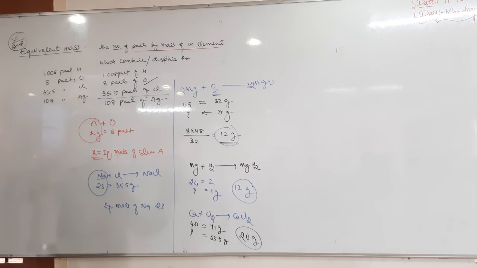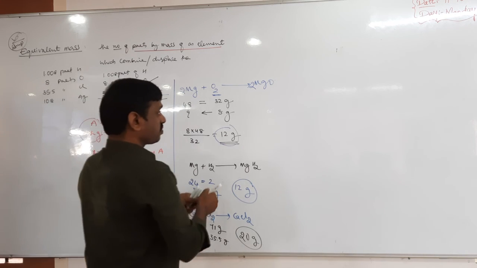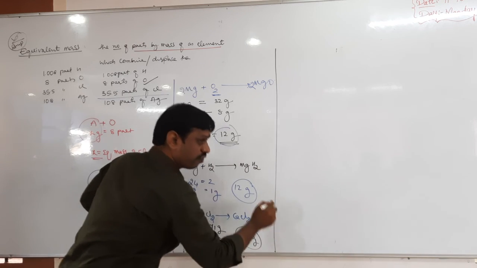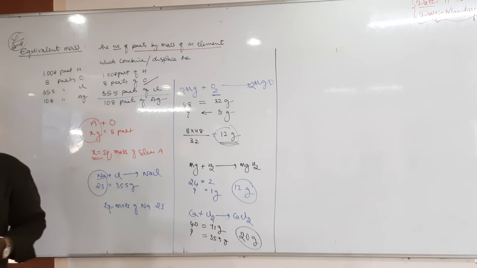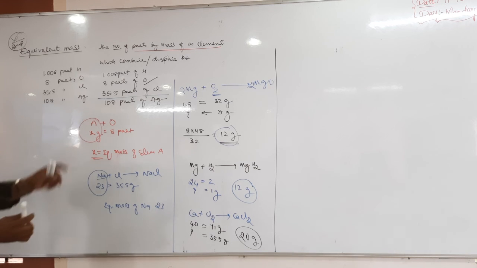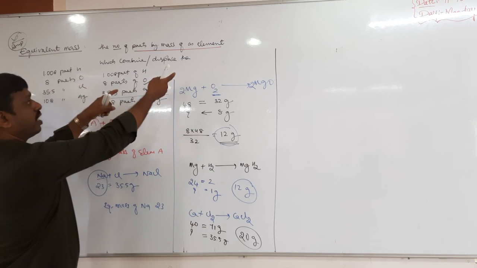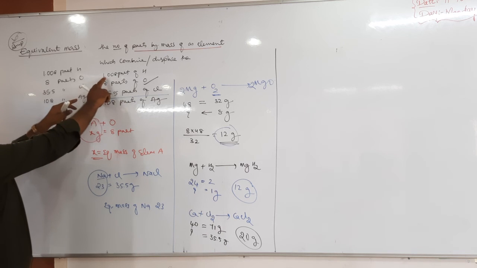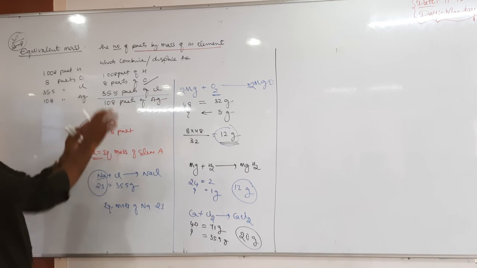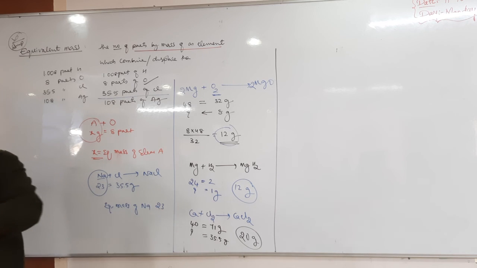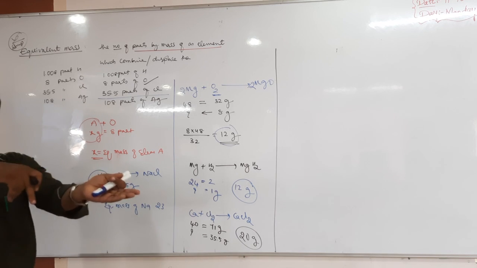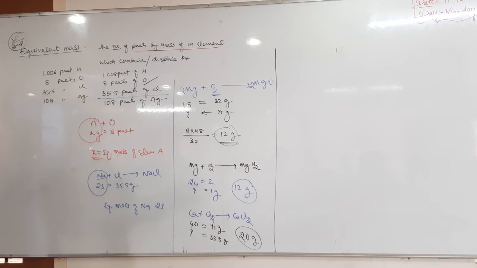Okay, next, what is the unit of equivalent mass? Is there any unit of equivalent mass? No. Equivalent mass has no units because it is a comparison value or relative value. How? See, the number of parts of one element which combines with 1.008 parts. I am saying parts, like one part combining with two parts, or with 10 parts, not grams, not ml, right?